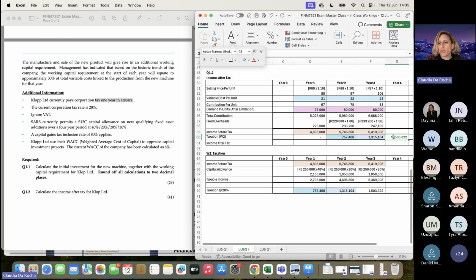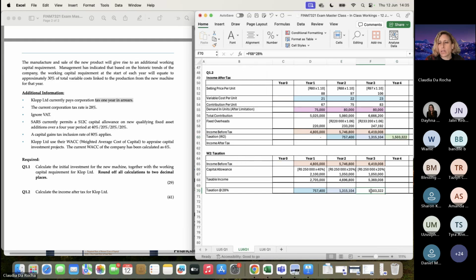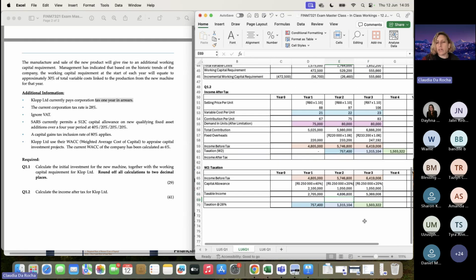So to show you what is happening there. Okay, but then our income after tax we have to calculate is going to be our income before tax minus tax.